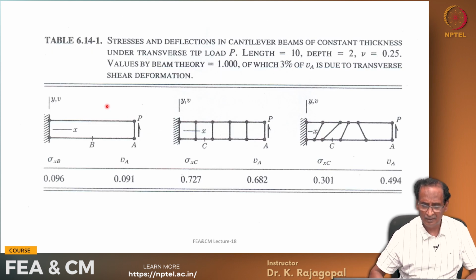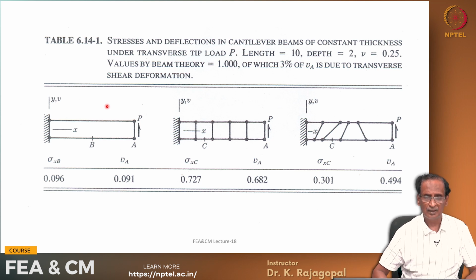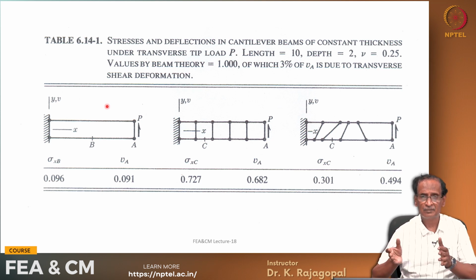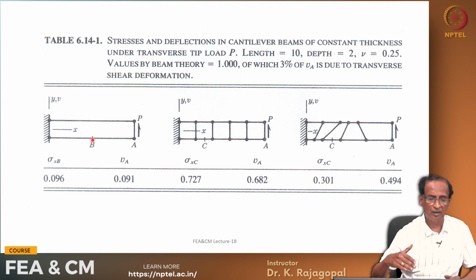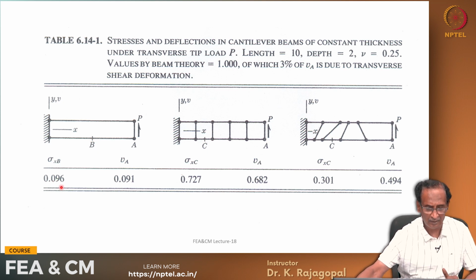And in Cook's textbook, he has shown the result qualitatively, what you get with the different type of elements, and this is for a cantilever beam modeled by using one single 4-node element, and the deflection at the tip is only 9% of the actual deflection, and then the stress at the bottom fiber is only about 10% of the actual flexural stress.